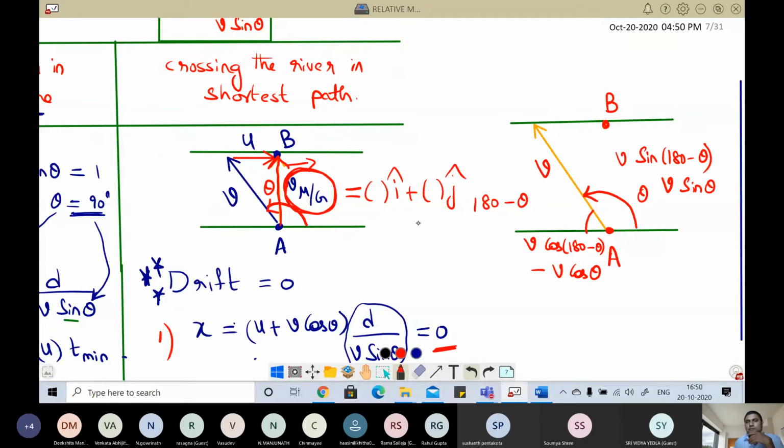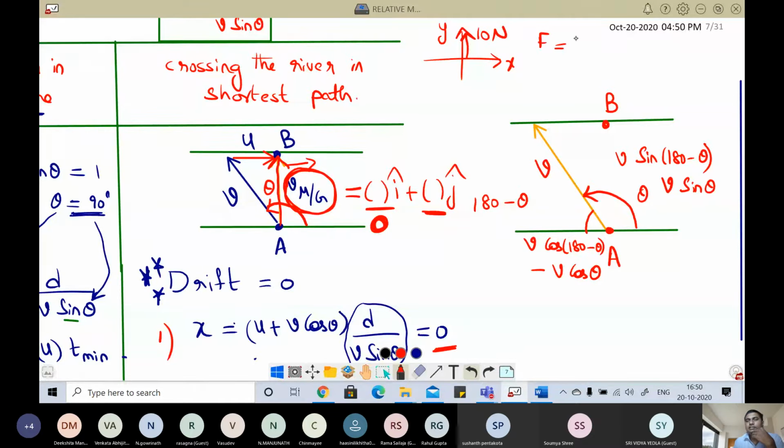So that means which component will be there? Is it i component or j component? J component. So i component will not be there. That means i component is what? 0, because you are reaching finally in this direction. Just like when you write, suppose let's say this is x-axis and this is y-axis, and then there is a force of 10 newtons along y-axis.